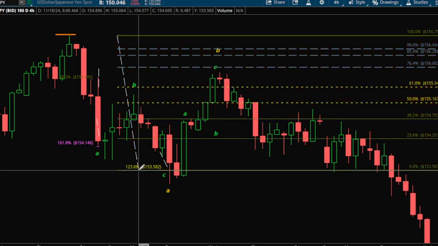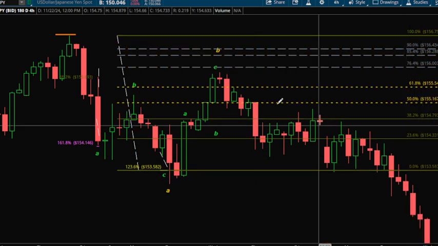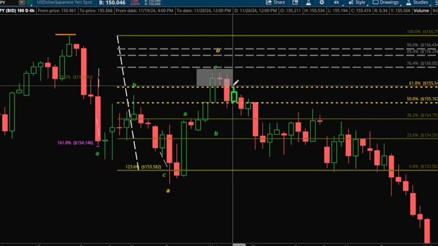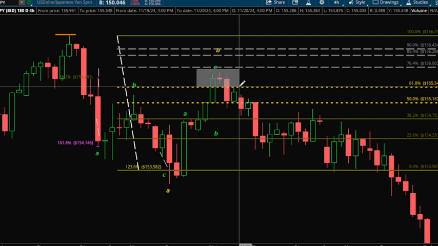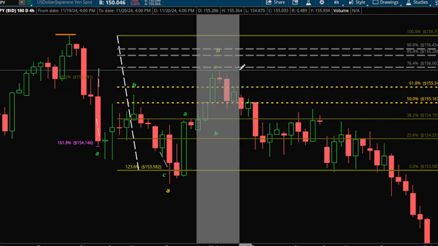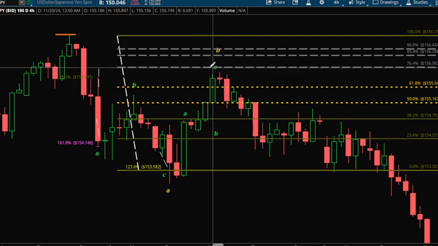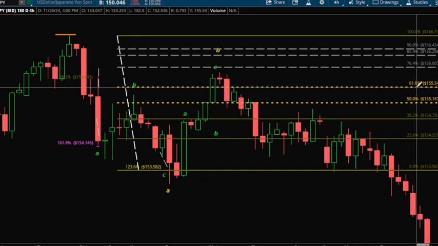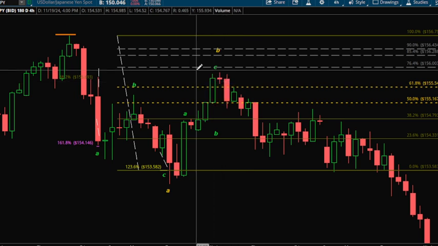Well, I'm usually a little too much on perfection when it comes to these fibs, but a lot of people give zones. They say as long as once it goes past a certain fib and it doesn't hit the next fib, then the zone is still the previous fib. That makes sense?